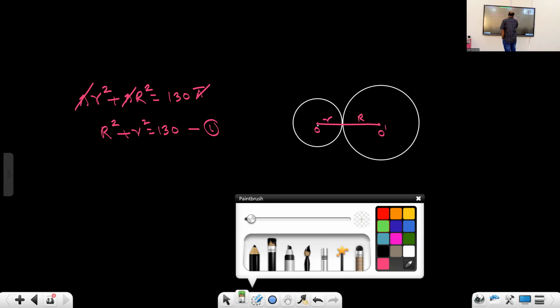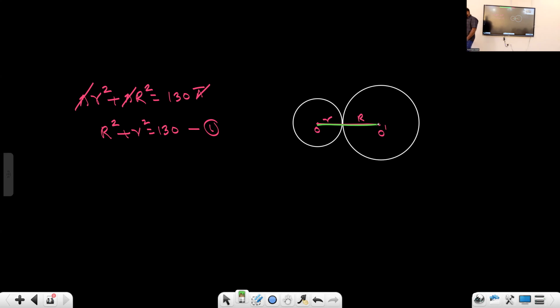O O dash equals 14. O O dash is what plus what? r plus R. That is r plus R equal to 14. So capital R equals how will you write it? 14 minus r. Equation number 2.